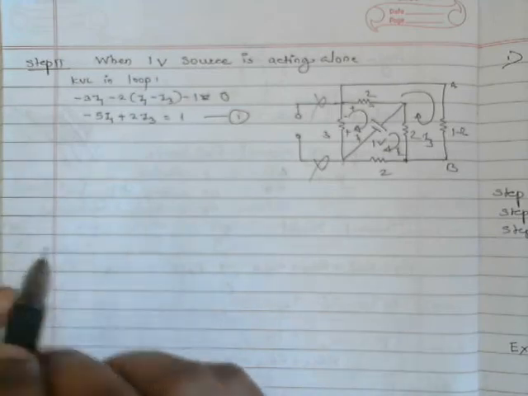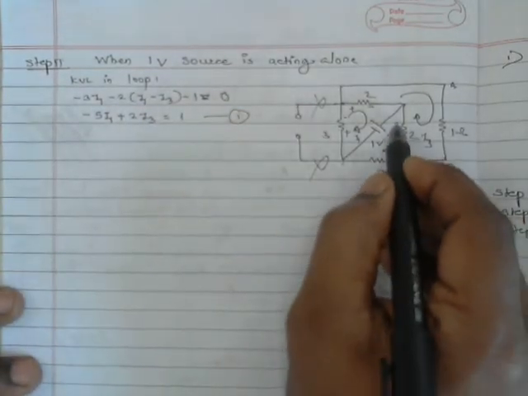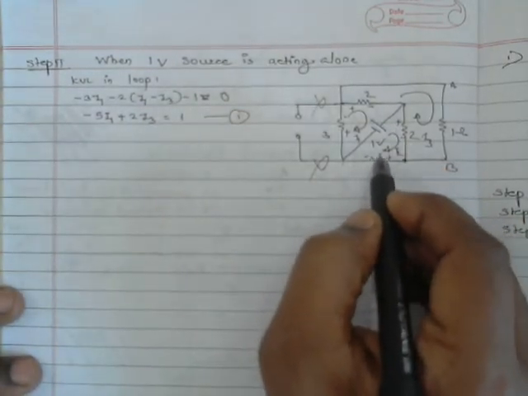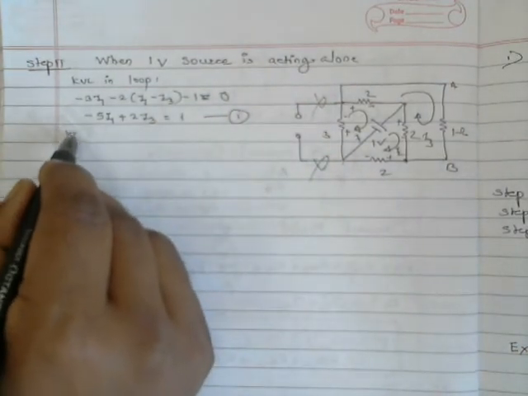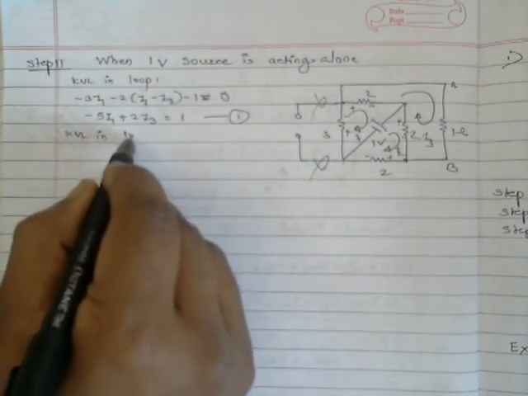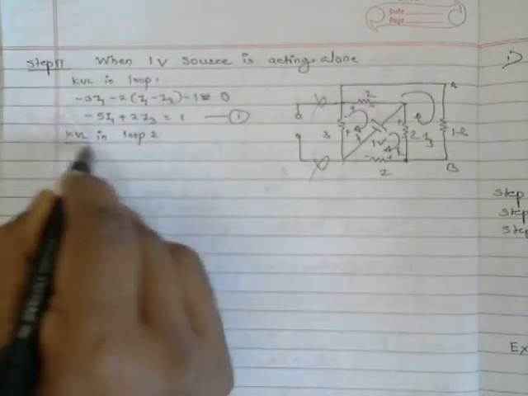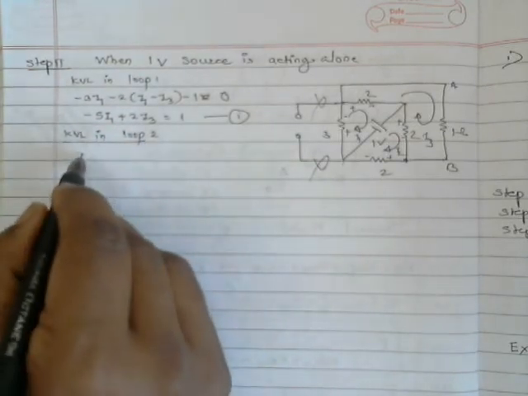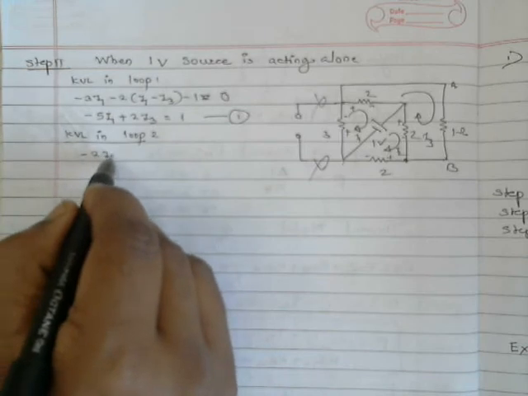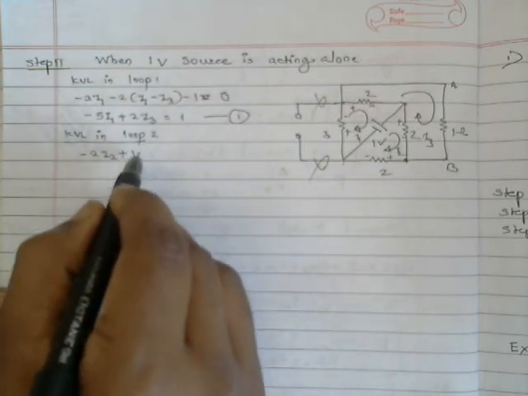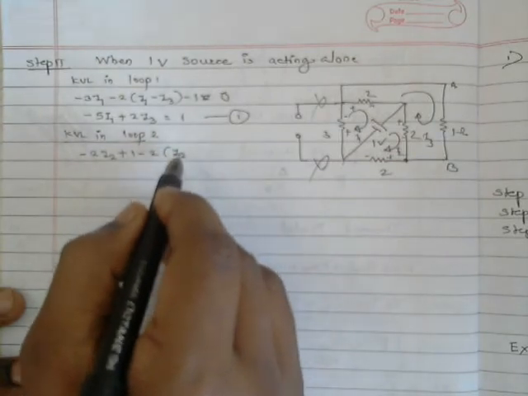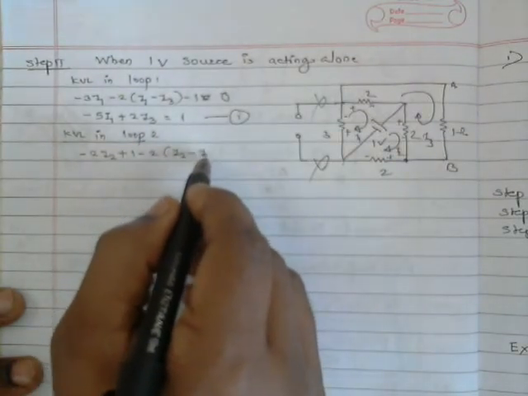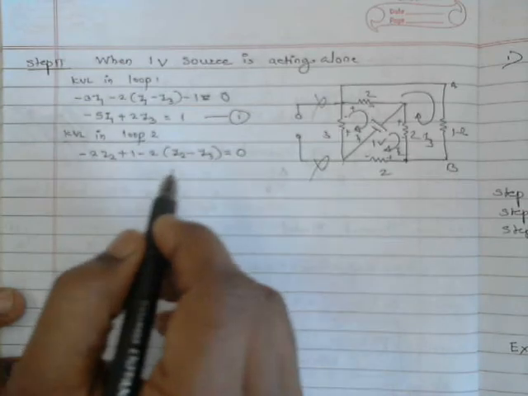right? Now KVL in this loop. Again give new polarity. I will start from here. KVL in loop 2. So it is minus 2 I2 plus 1 minus 2 I2 minus I3 equal to 0.